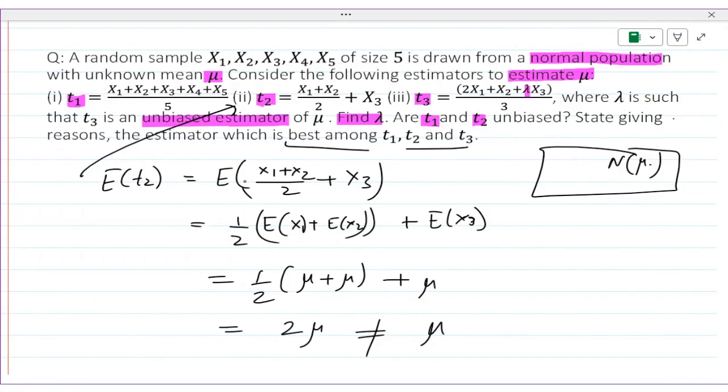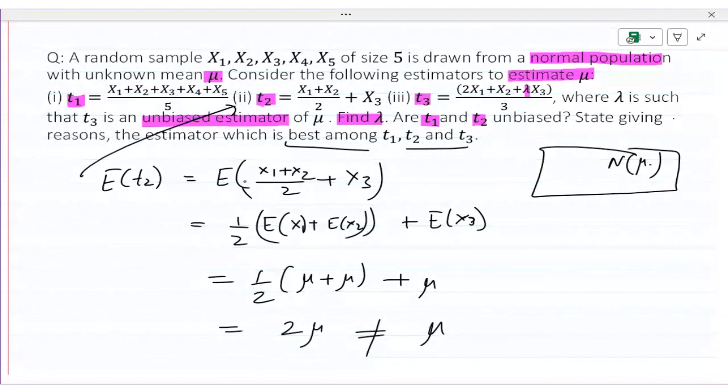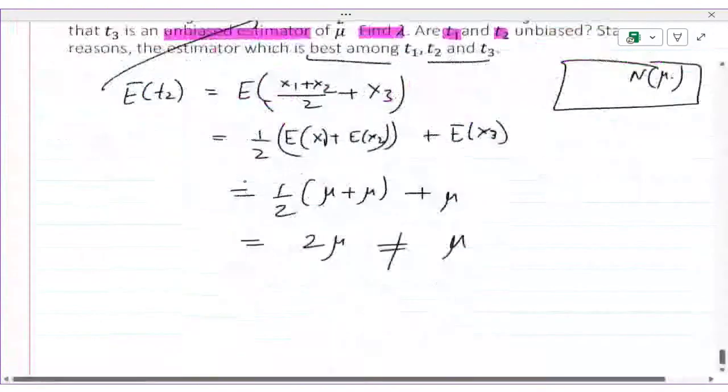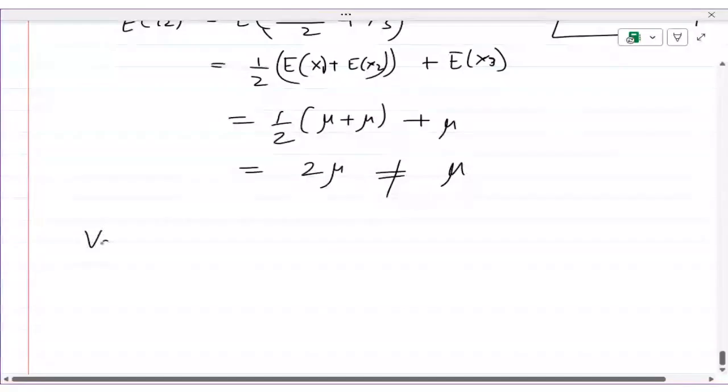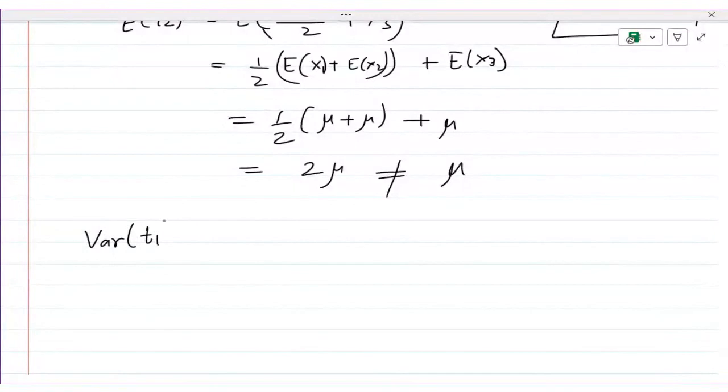So we'll find the variance of each of them and then we will see whose variance is maximum, whose variance is minimum. First I am finding the variance of T1. What is the variance of T1? That is the variance of X1 plus X2 plus up to X5 divided by 5.